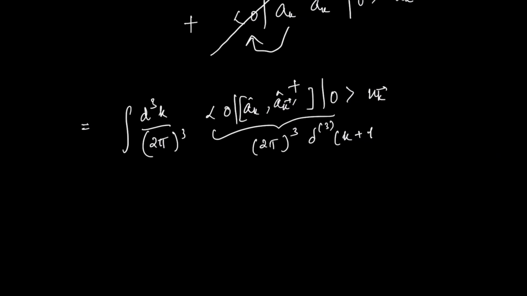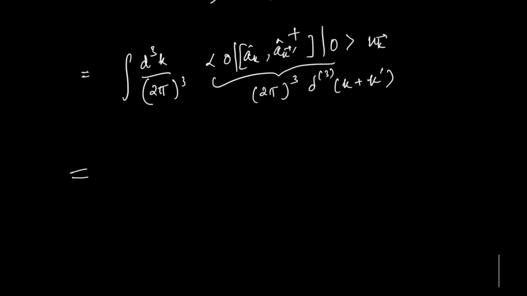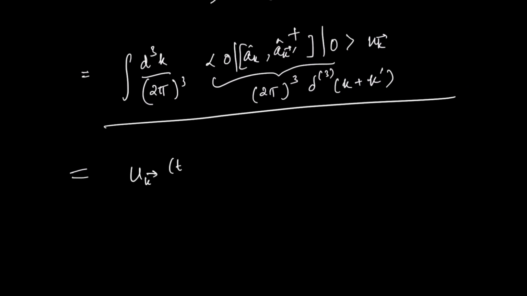So finally if you do this integration you will get just uk, because it's a Dirac delta function.